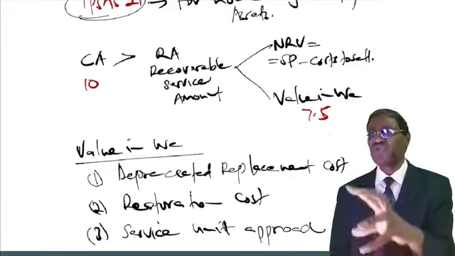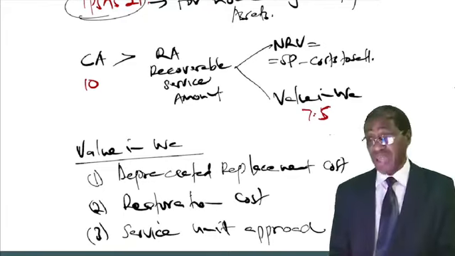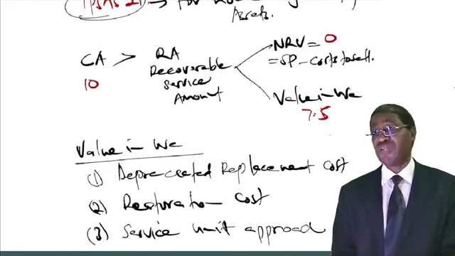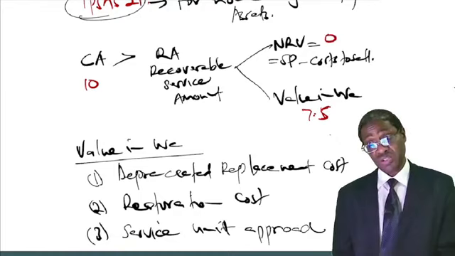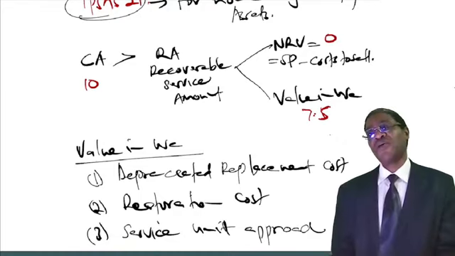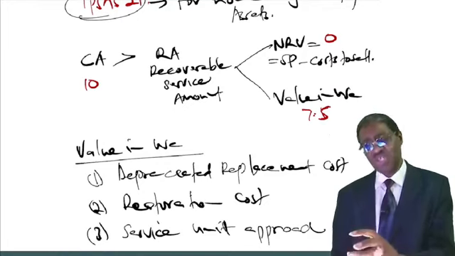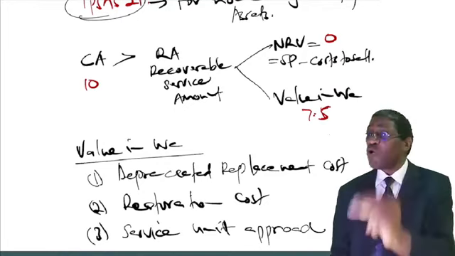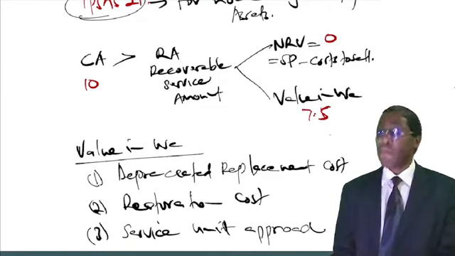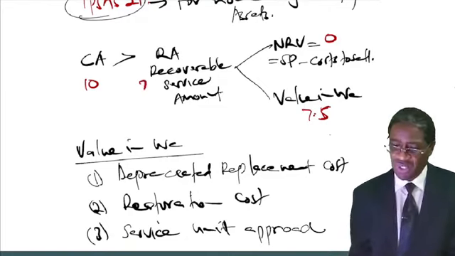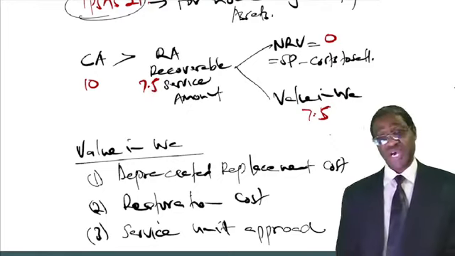Therefore, in most cases, you may not likely find a buyer, meaning it could have a net realizable value of 0 because you can't get a buyer. Now, assuming that is 0, you know the value in use of 7.5. Whichever of the two is higher, pick it to become the recoverable service amount, which in our case is 7.5.